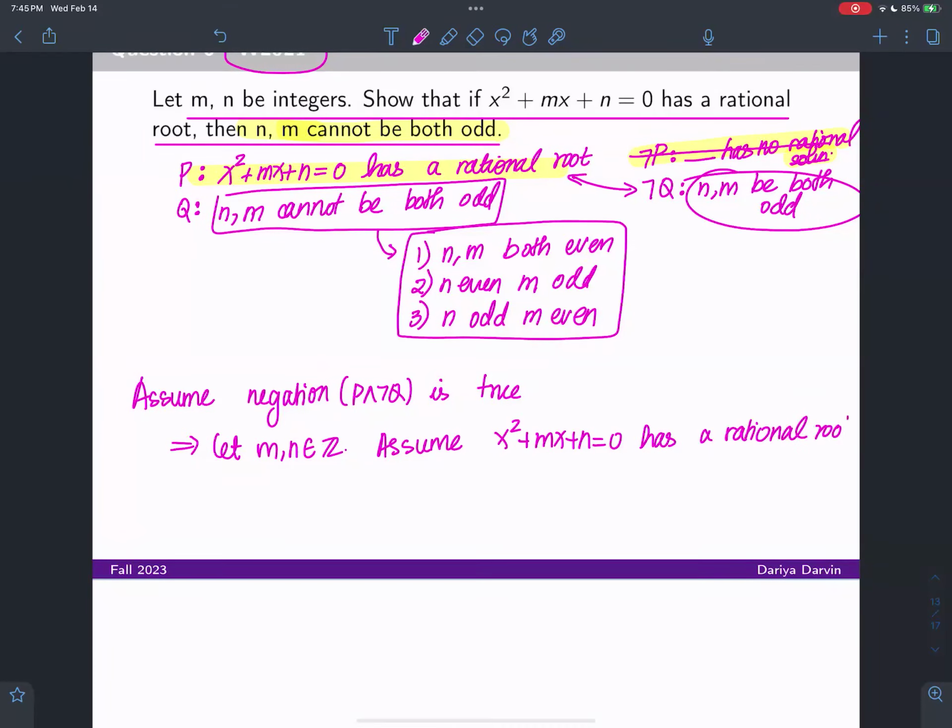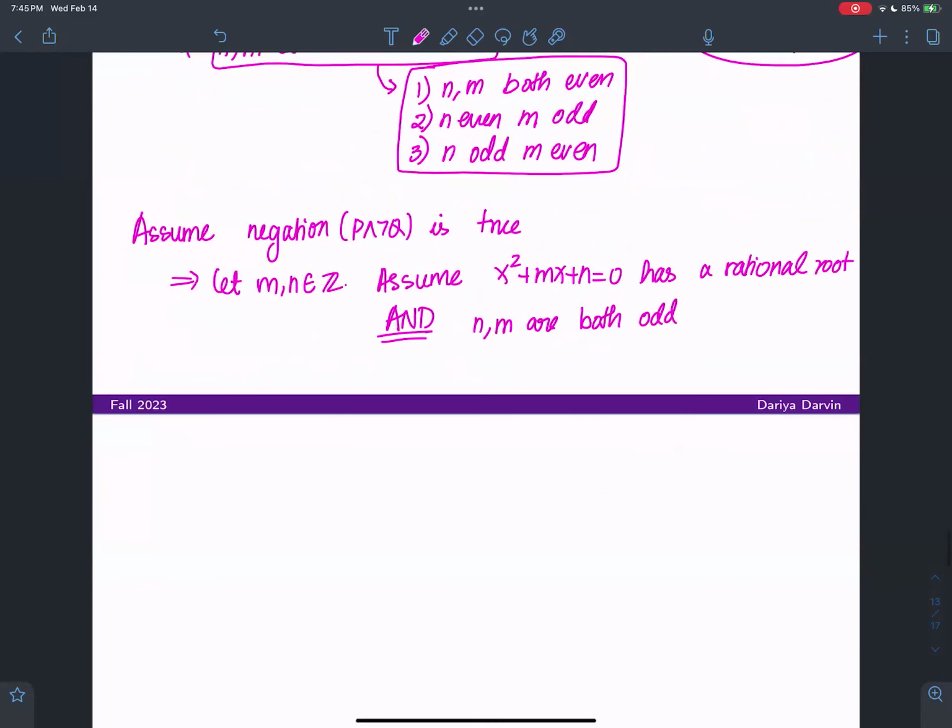That's the P. And N and M are both odd. Okay. Now I'm going to write out what this means in math. So let R be the rational solution of x squared plus mx plus n equals 0.